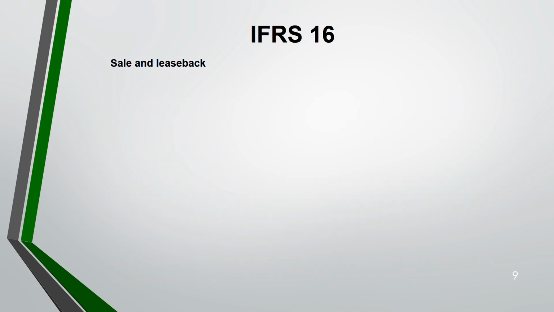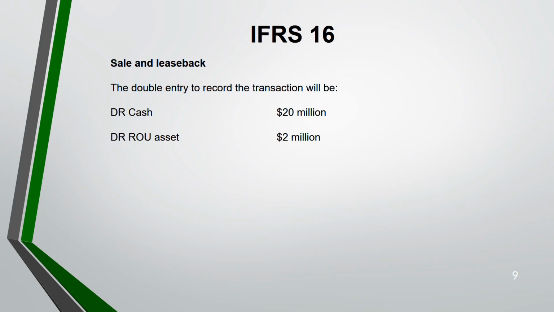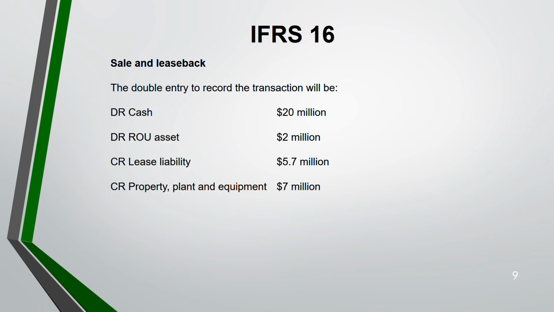Now the double entry: debit cash 20, because you're selling and receiving the cash, and you debit the right of use asset because it's a sale and you have taken it under lease, so 2 million. Then you credit the lease liability 5.7, and also credit property, plant and equipment, the carrying amount, that is 7 million, and you credit the profit on disposal.